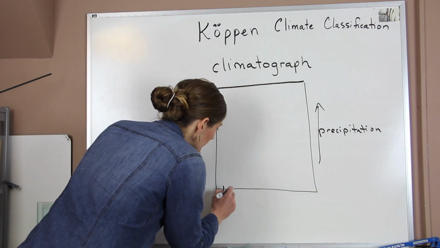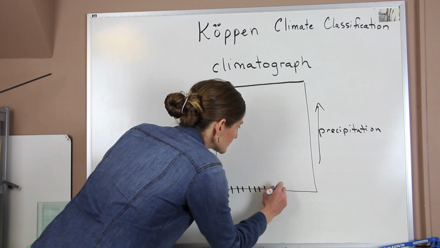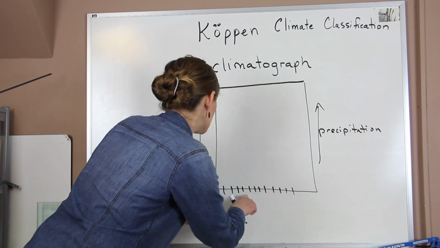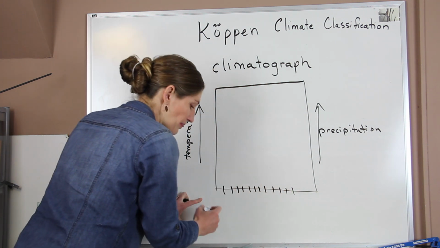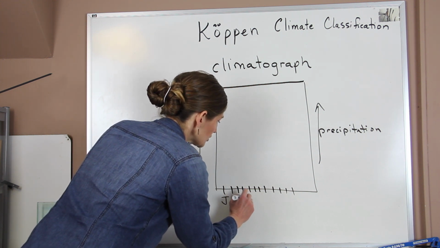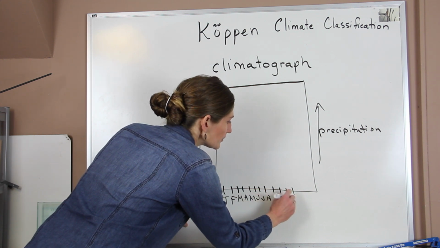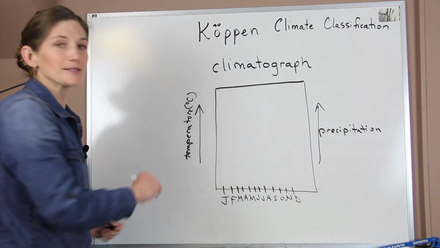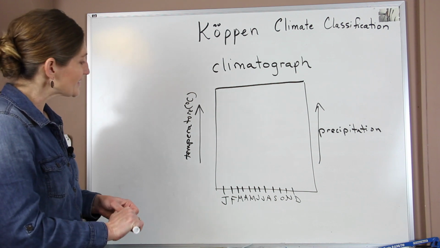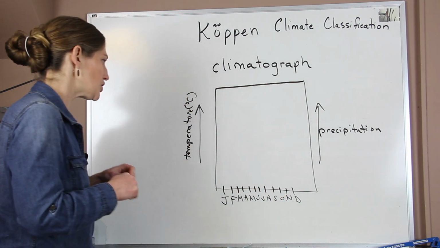I'm not going to draw any one in particular. At the bottom, we're going to see 12 markings, one per month, and they're usually marked with letters: January, February, March, April, May, June, July, August, September, October, November, and December. It would be spread out a little bit more, but basically it shows us the months. We're then going to see temperature and precipitation.